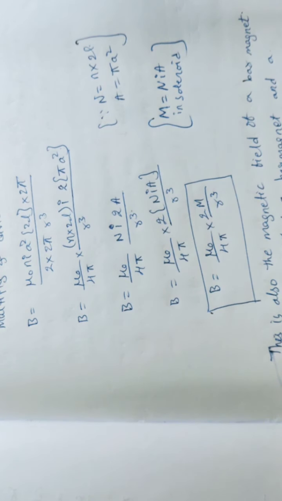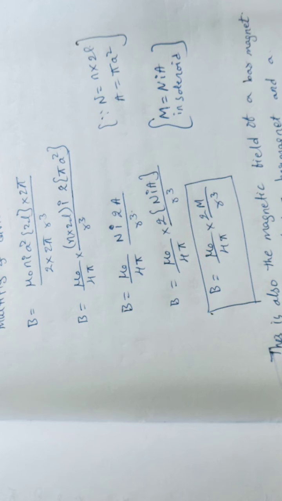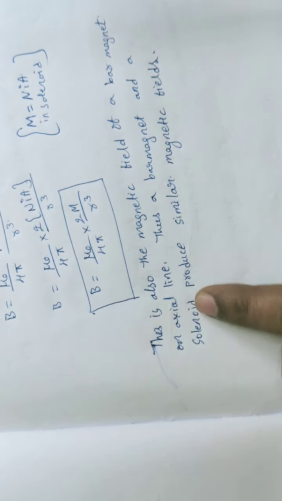This relation appears as the magnetic induction at a point P on the axial line of a bar magnet. Is it clear or not? So this is also the magnetic field of a bar magnet on the axial line.